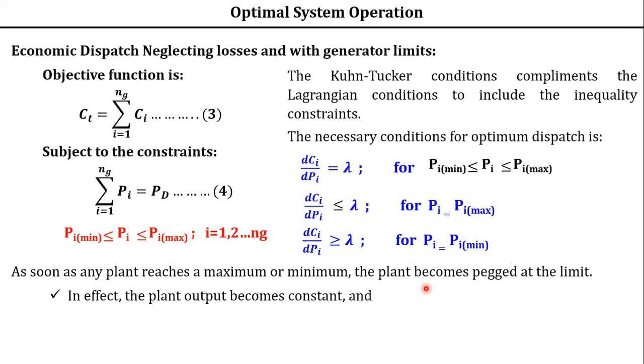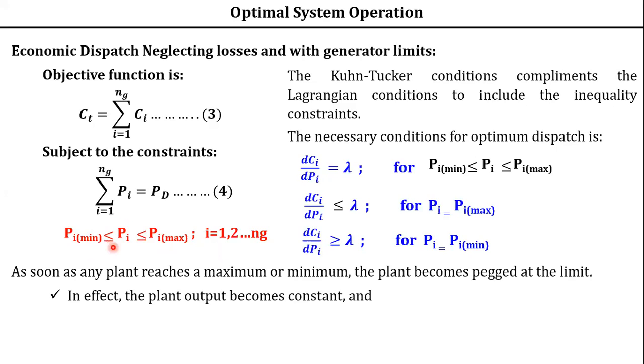Suppose you assume this Pi has violated the lower limit. So your Pi is clamped at Pi minimum, isn't it? Therefore, any additional load will be shared by the different plants.